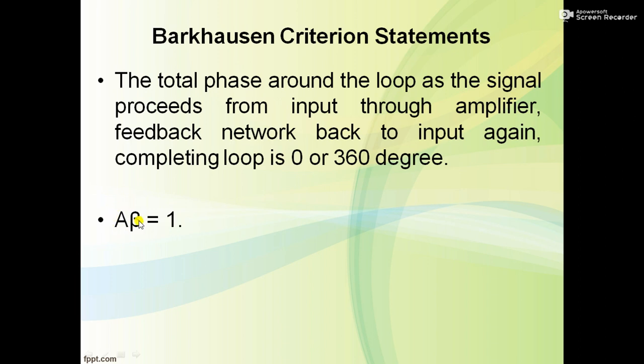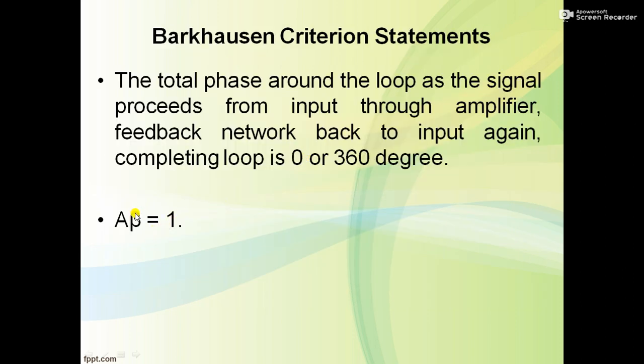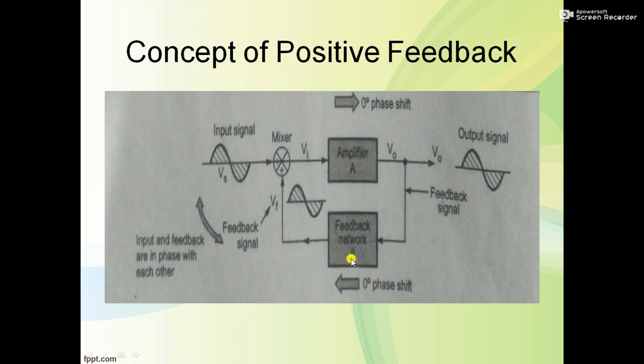Then the second statement is A beta is equal to 1. What is A and what is beta? A is the voltage gain of this amplifier, meaning V0 by Vi. Beta is the feedback factor.